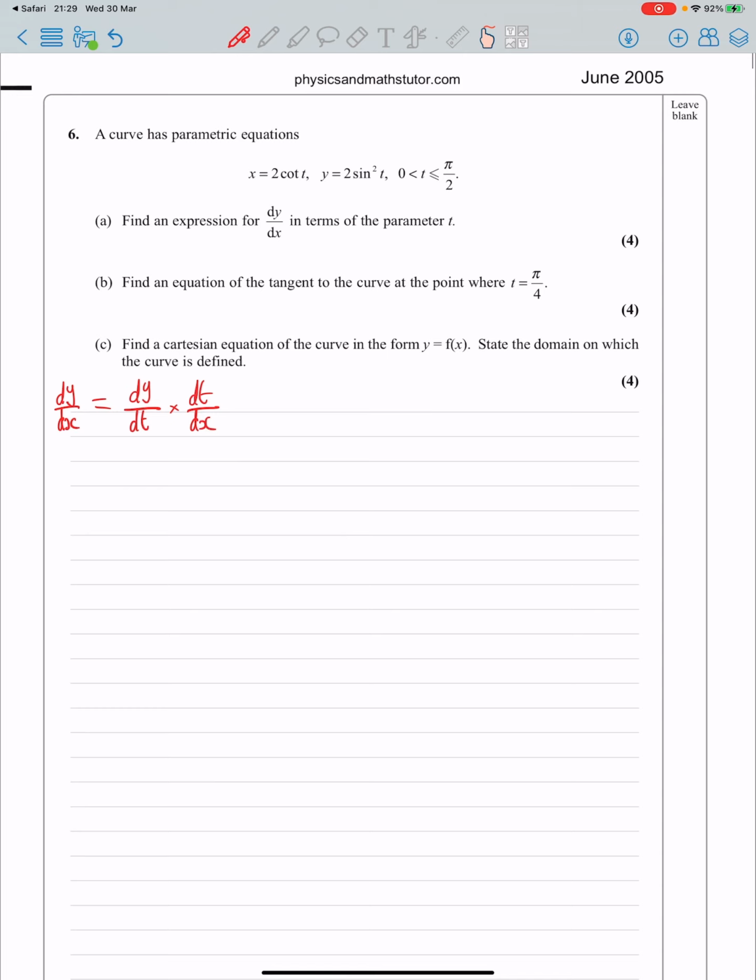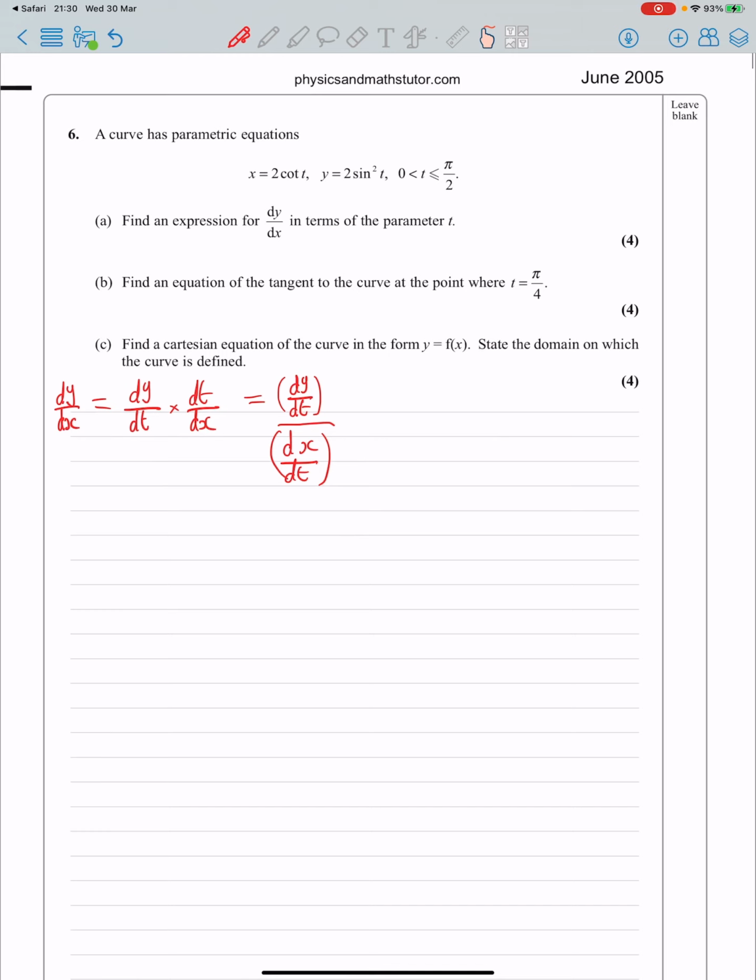If you think about this as fractions, that makes sense, because the dt's would cancel, leaving dy/dx. Another way of writing that is dy/dt divided by dx/dt. It means the same thing.